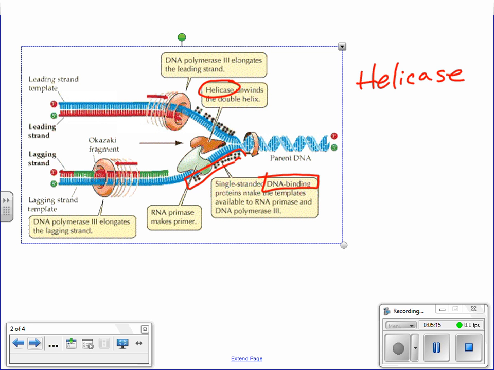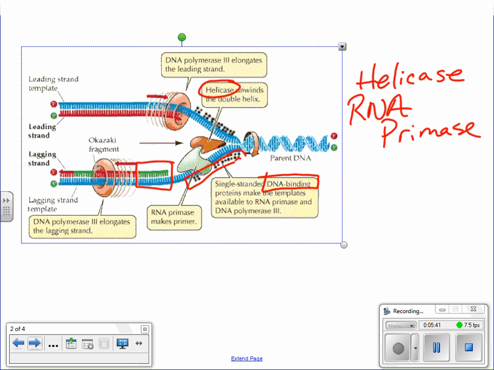Following the helicase, we have RNA primase, or just primase. What primase does is it lays down a tiny strand of RNA, which is almost like a giant arrow pointing at which DNA strand needs to get copied.